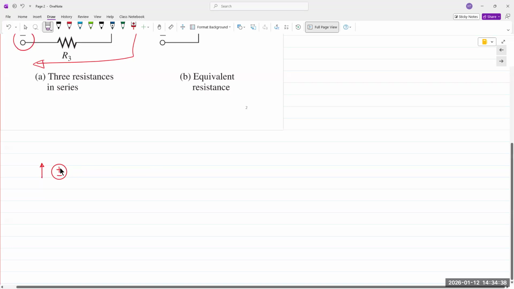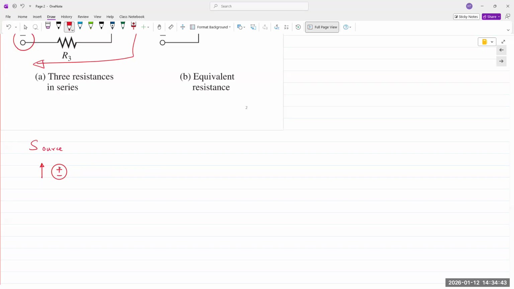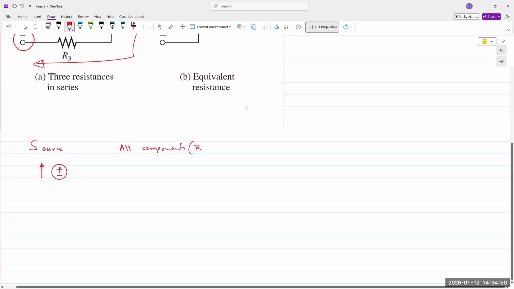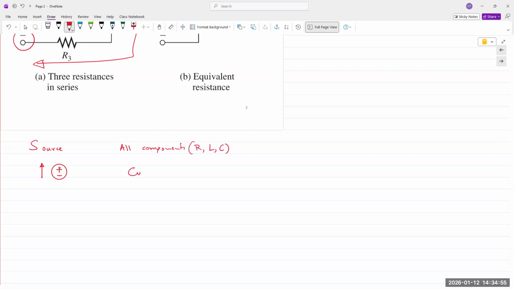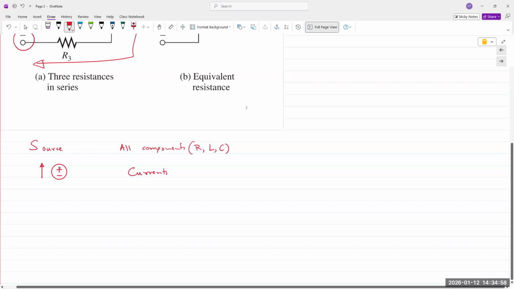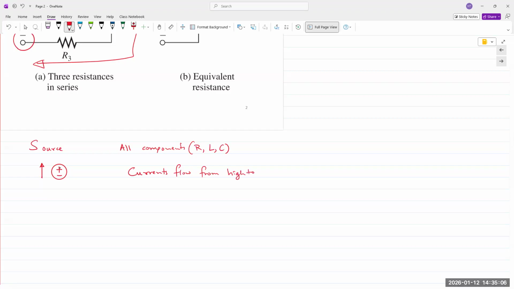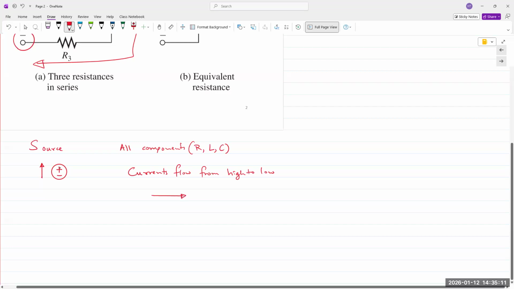Actually, for all the components that we are studying, resistor, inductor, and capacitor, current always flows from high to low, from plus to minus.